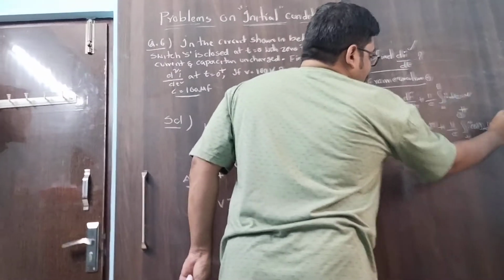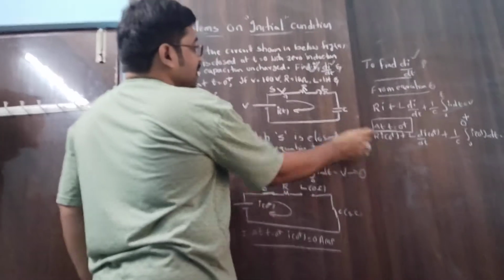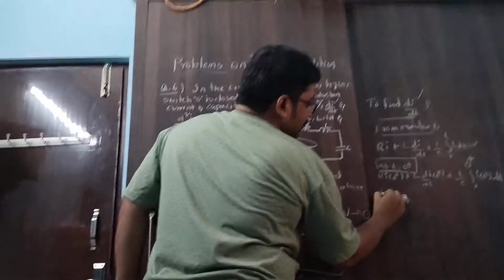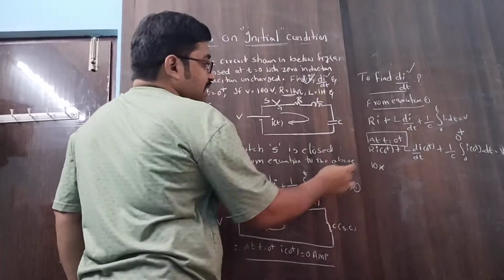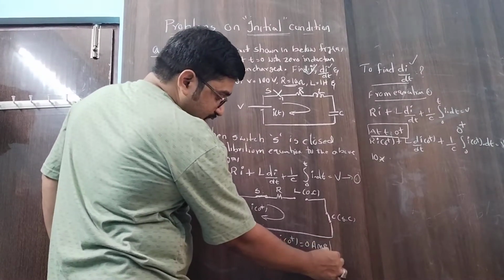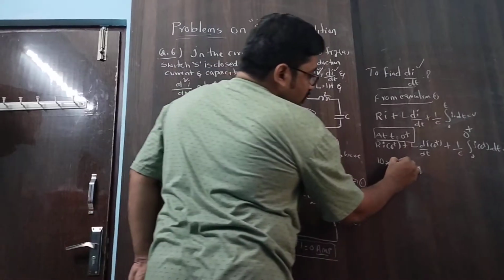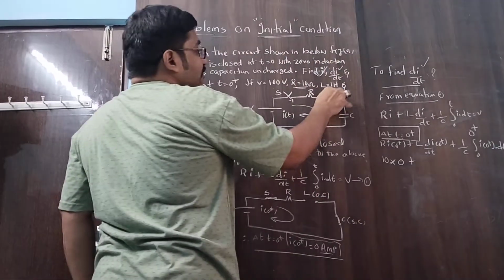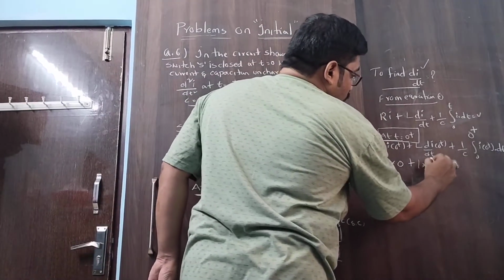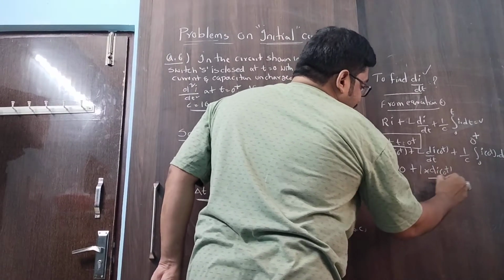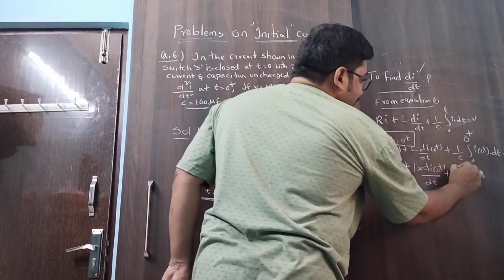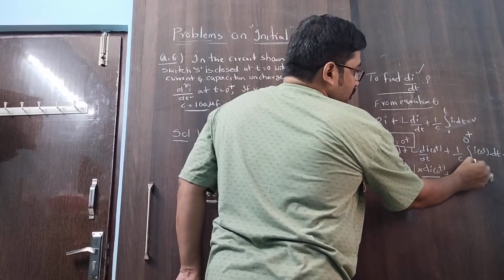What is the value of R? It is given as 10 ohms. 10 multiplied by i of 0 plus, which is 0 amperes. L is 1, multiplied by di of 0 plus divided by dt, which we need to calculate.